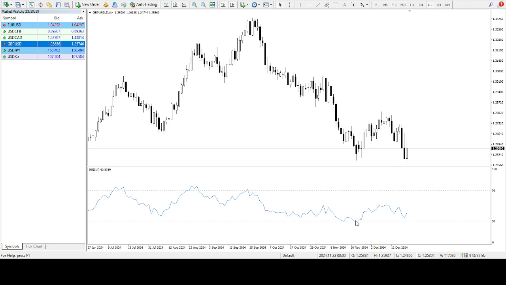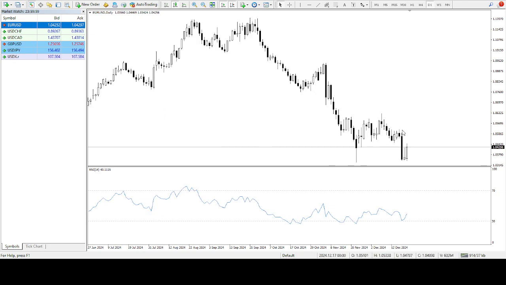But if we try to simply understand the logic here, it is to find out whether the bears of Euro USD have exhausted or not. And if they have exhausted, price in the second swing has been slow. So logically, even though technically we do not have the divergence, logically we do have the slower price action, and we can use this to our advantage and still go for a long entry.